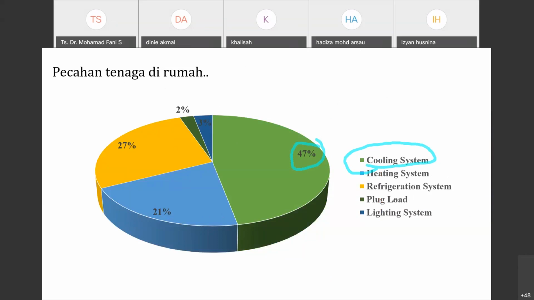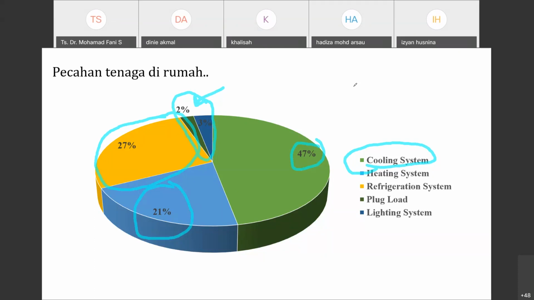After that, refrigerant system and heating system. Lighting and plug load consume small amounts of electricity. So what to do as the energy conservation measures, as the option for the saving.